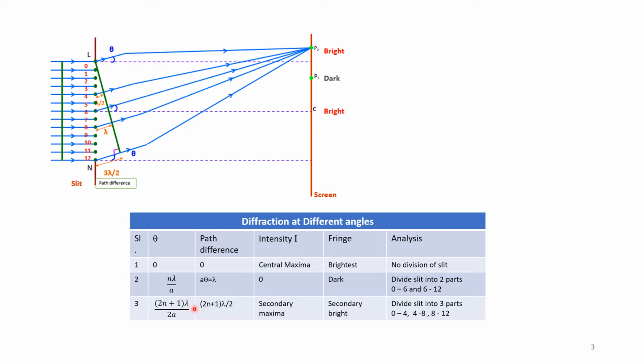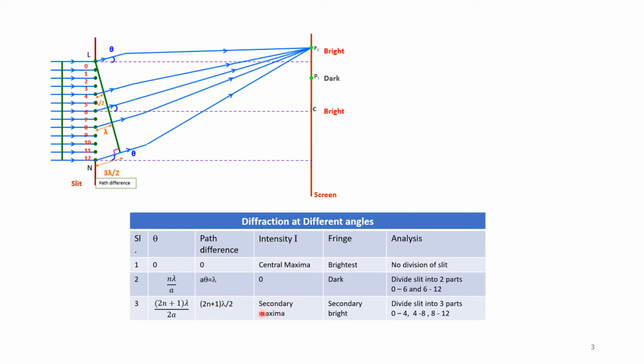So this path difference will be 3 lambda by 2, that is half plus half plus half, three and a half. Suppose n is equal to 1, it will be 3 by 2 lambda. Likewise, you can put any number for n.